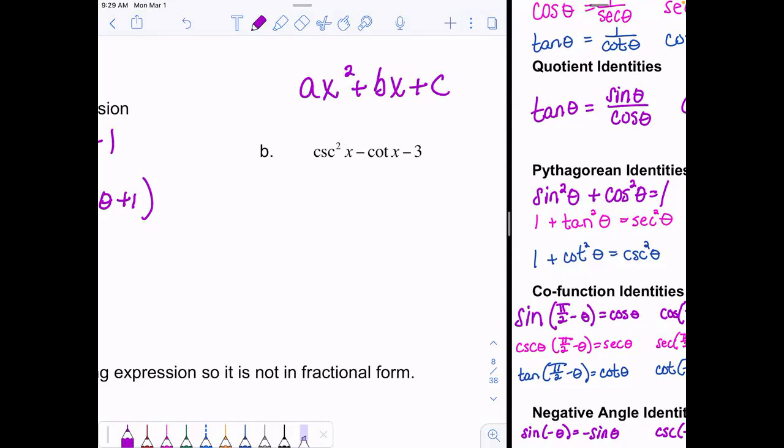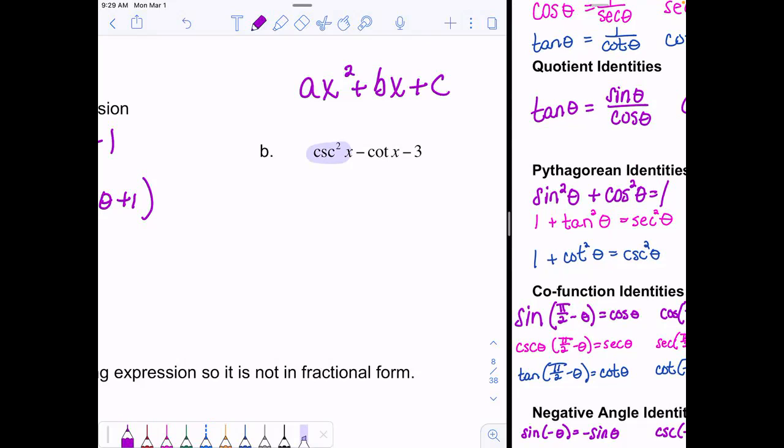So if you look at the Pythagorean identities, I have a cosecant squared. Hannah, one of those identities involves a cosecant squared. What does it say cosecant squared is equal to? Yeah, cotangent squared plus 1.